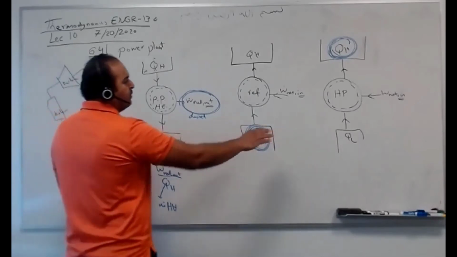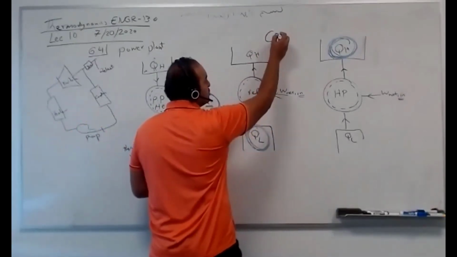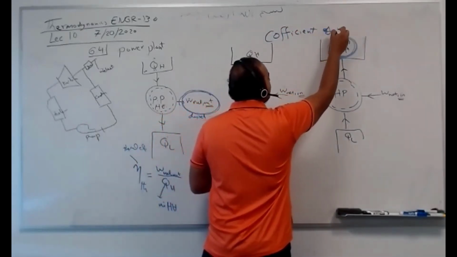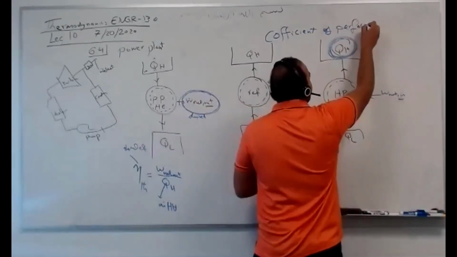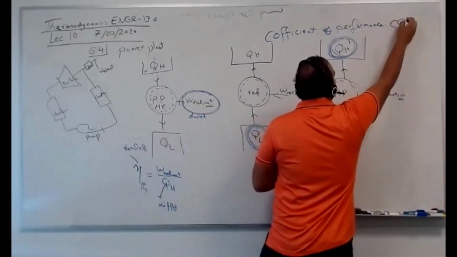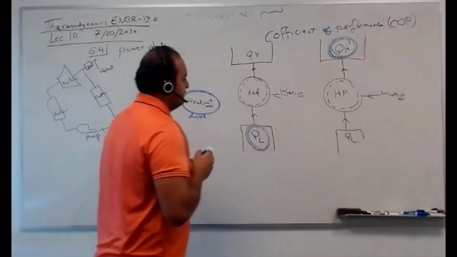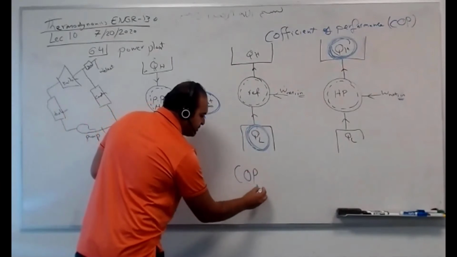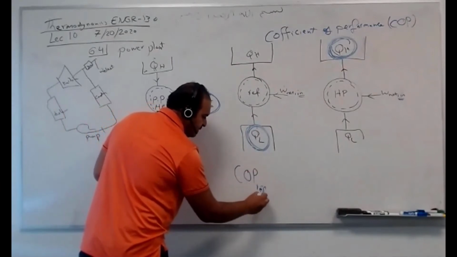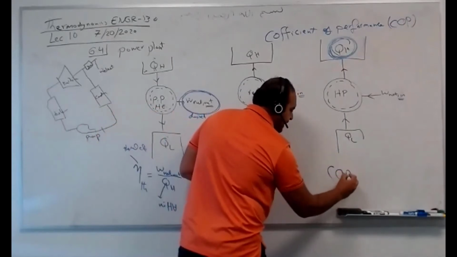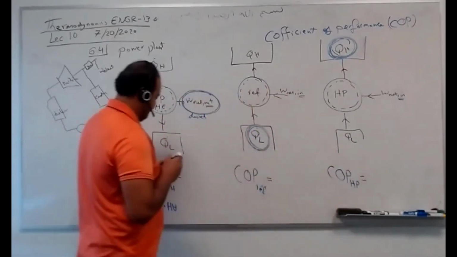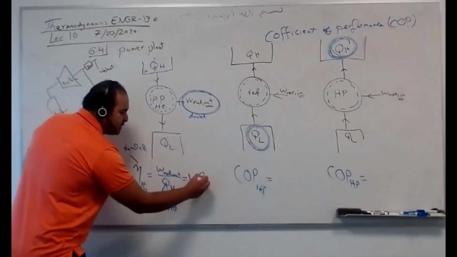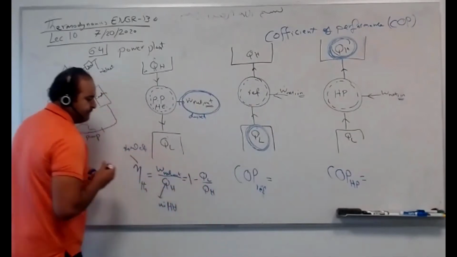For the refrigerator and the heat pump, we talk about COP, the coefficient of performance. COP refrigerator and COP heat pump are always output over input. For the heat engine we simplify to 1 minus Q low over Q high, if you remember from last time.